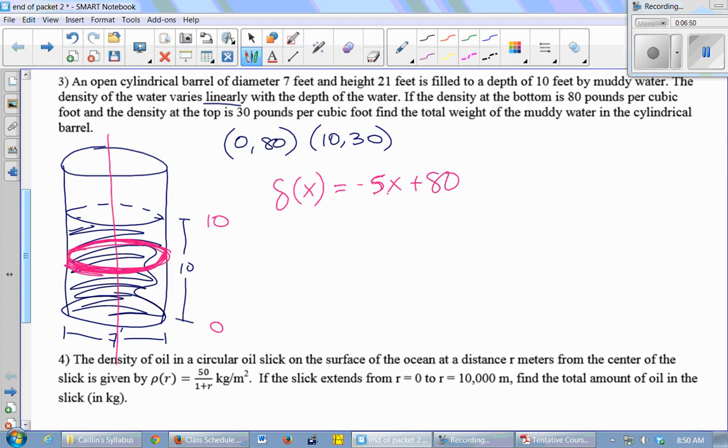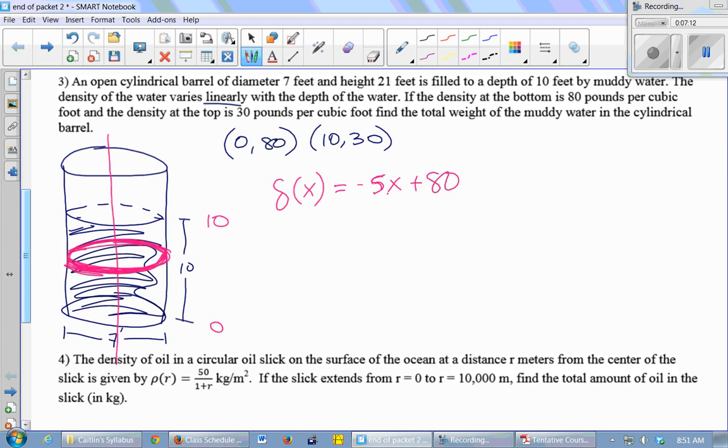Okay, so one little slice of the water. Imagine that you could pick it up and you have this little round slice of muddy water. I know its density, or I can calculate its density using this formula, and I can calculate its total mass by doing density times volume, right?